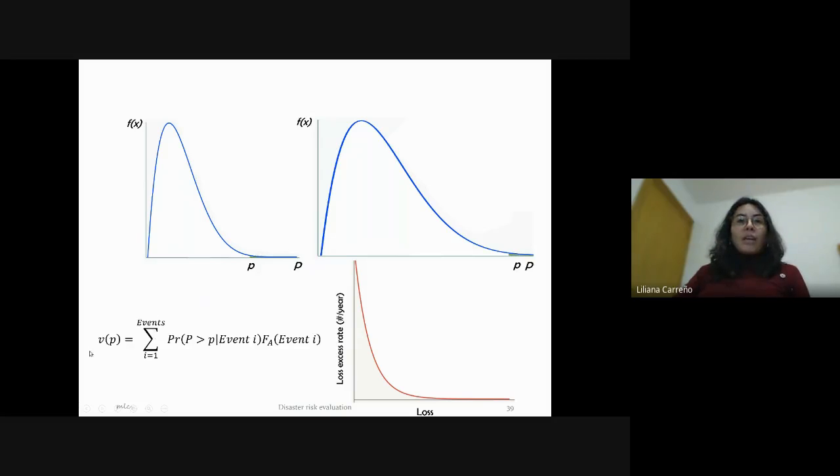This can be calculated, as you can see here, as the sum for all events of the probability of the exceedance of a level of losses given an event, multiplied by the annual frequency of this event.